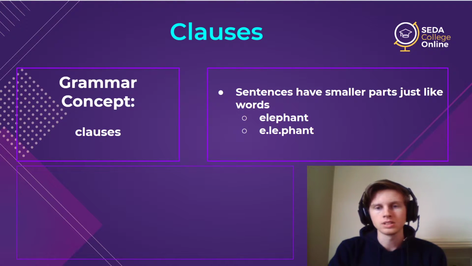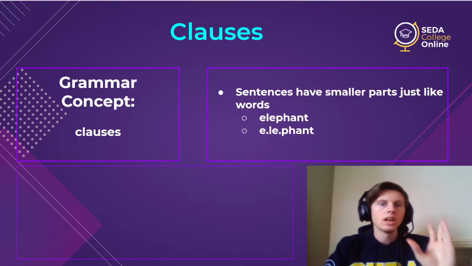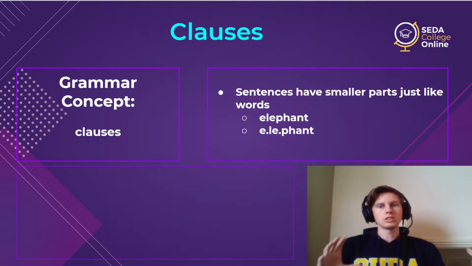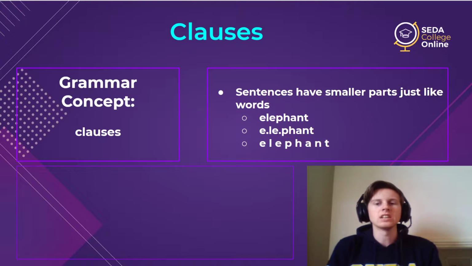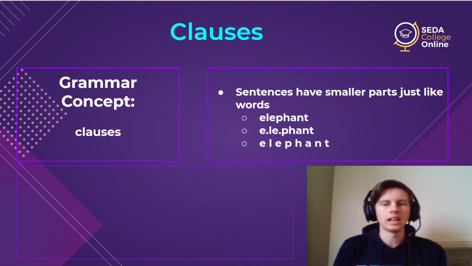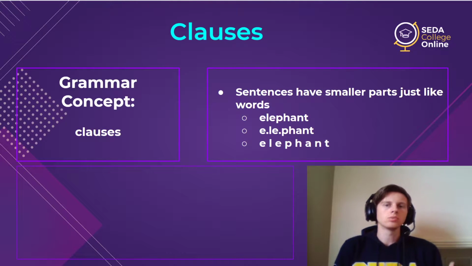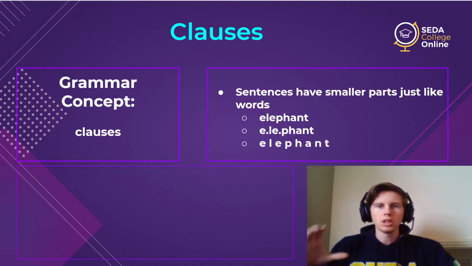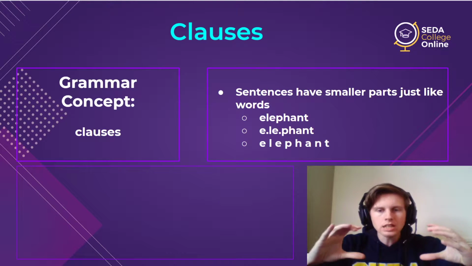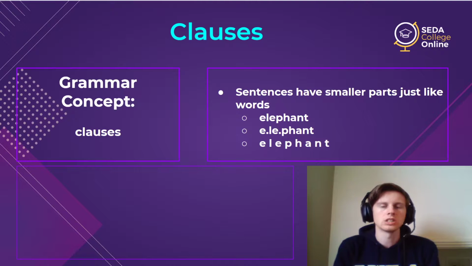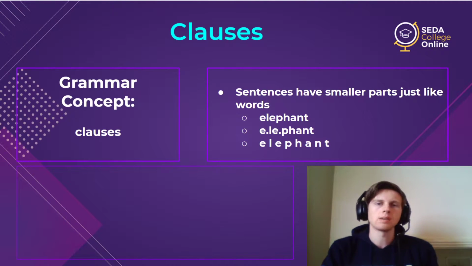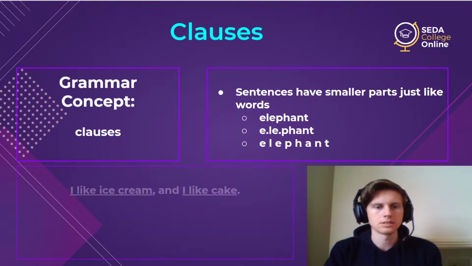And if I want, I can take the syllables and break those into smaller parts, which are the individual sounds, the individual letters. E-L-E-P-H-A-N-T. So it goes from the complete word to syllables and then to letters, and so you can go from the biggest idea to the smallest, and we can do the same thing for sentences.